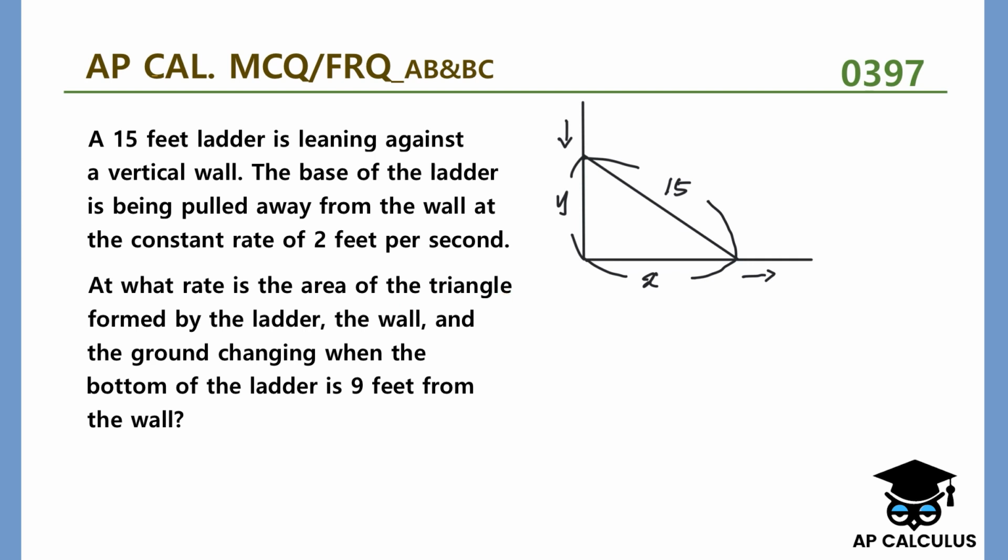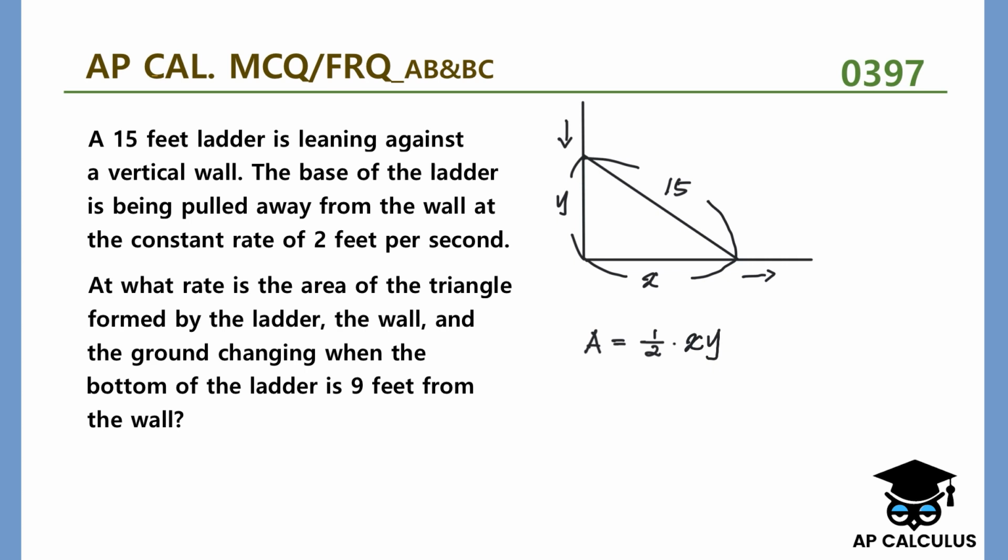So we must write the equation of the area of the triangle. The area of the triangle is just equal to 1/2 times base times height, right? So base times height, x times y, right? So we're going to differentiate this equation.